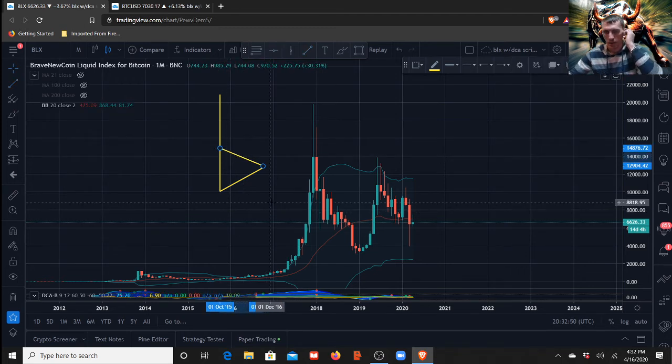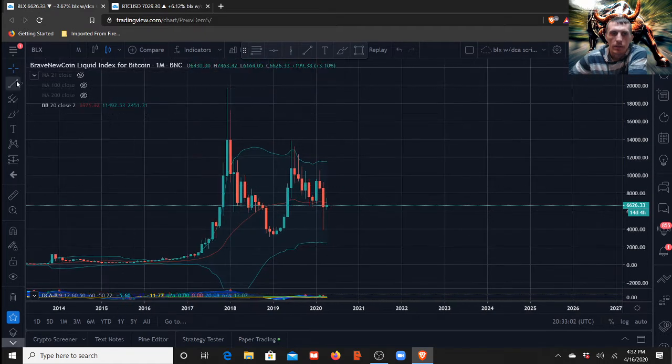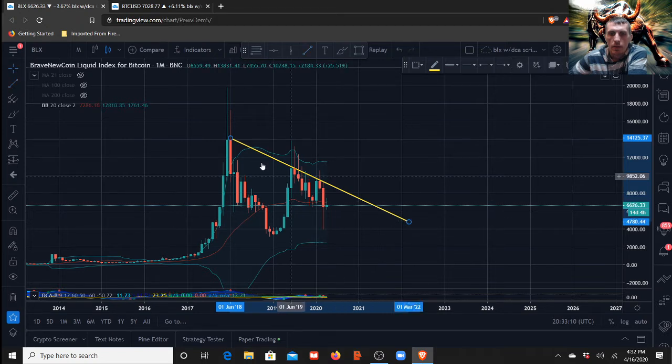That's a bearish flag there, and that's a continuation pattern to the downside. Now, I like to go off the bodies when using regular candles.